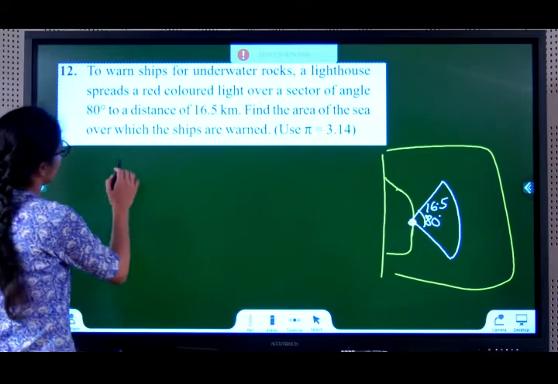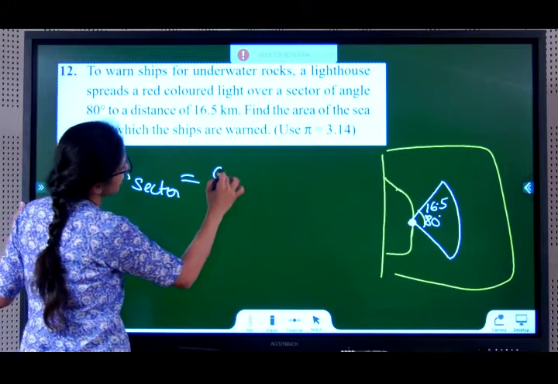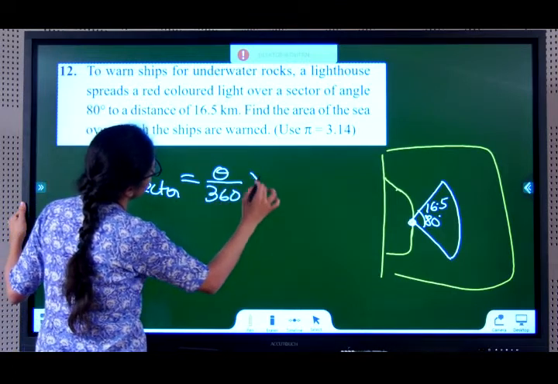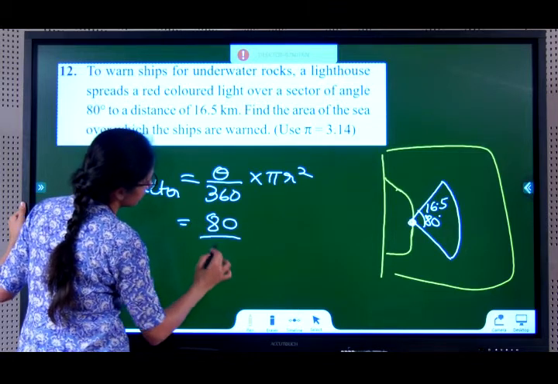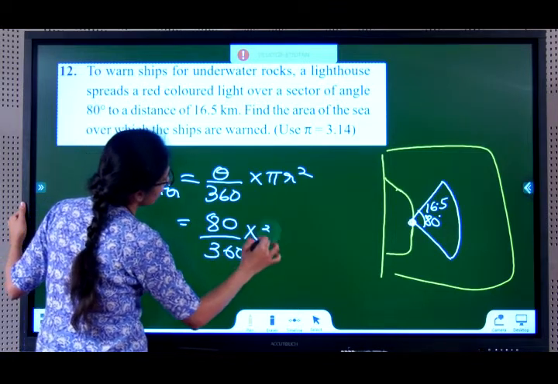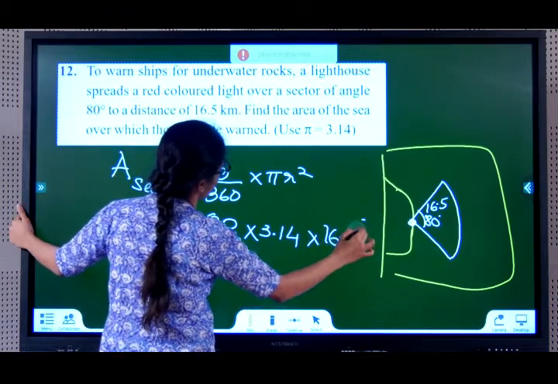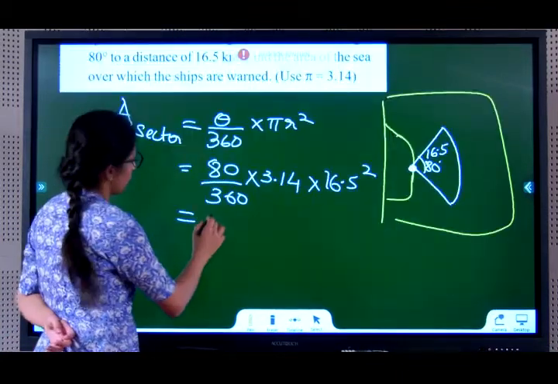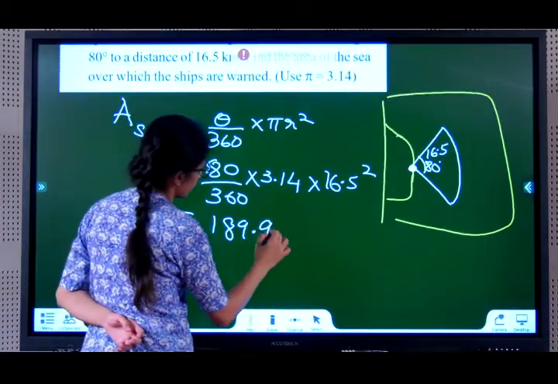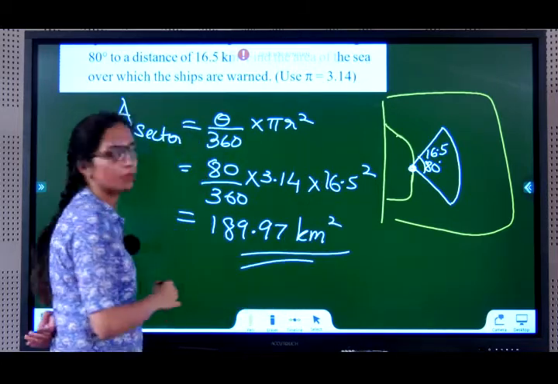Therefore, direct question, the area of the sector is theta by 360 into pi r square. 80 by 360 into 3.14 into 16.5 square. On solving this, we get 189.97. Unit was kilometer, so this will be kilometer square.